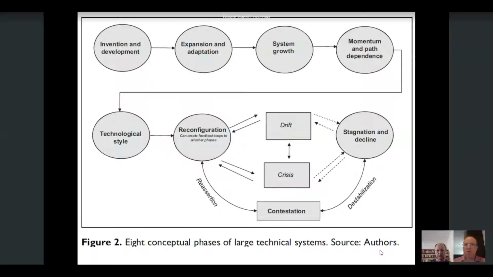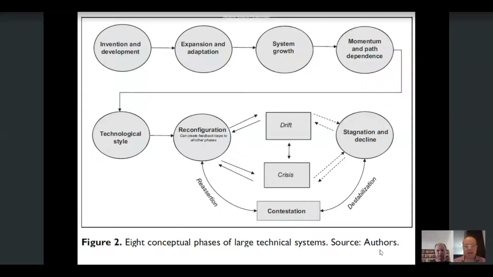In other words, before the Great Depression, before World War II, and before electricity systems maybe started to be challenged and reconfigured. So we extended Hughes's phases with three other ones: reconfiguration, contestation, and stagnation. Some systems can actually stagnate, like coal in the UK, or electric streetcars and trolleys and trams in the United States.